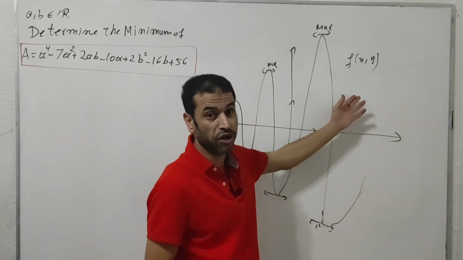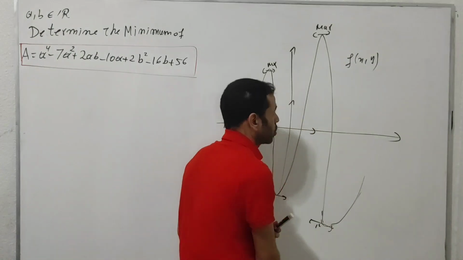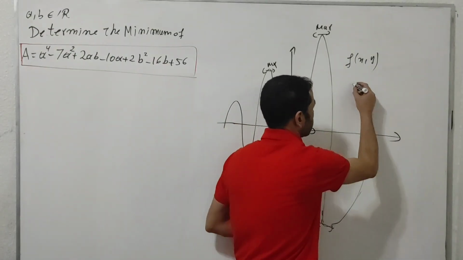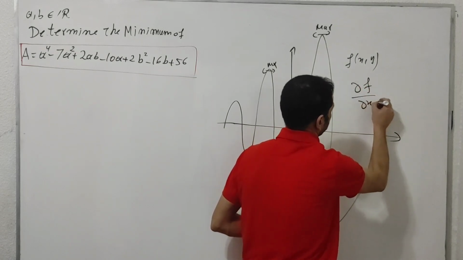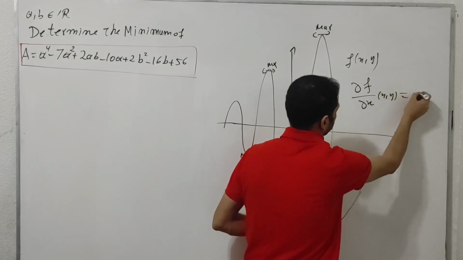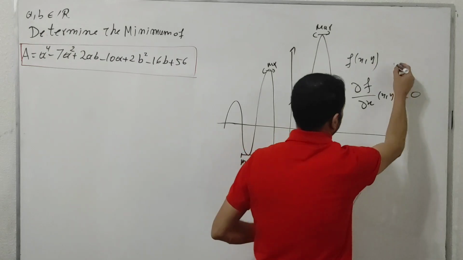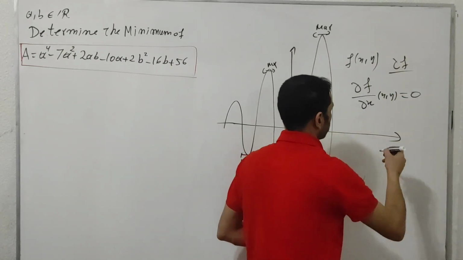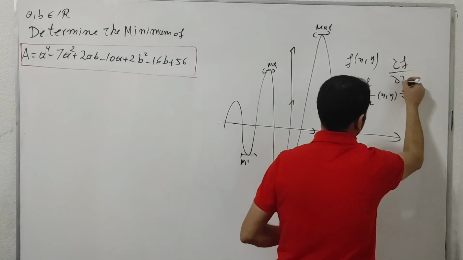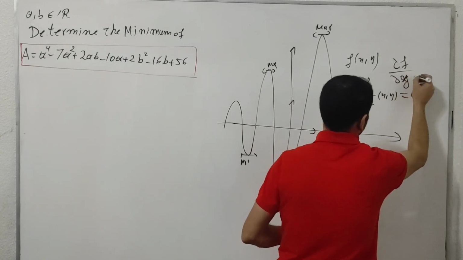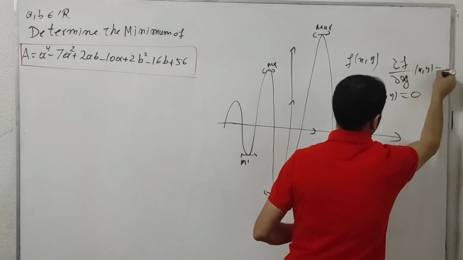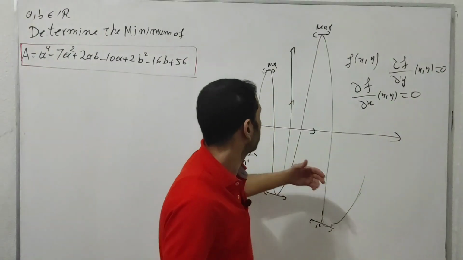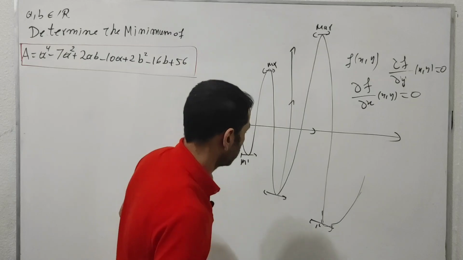In order to find the critical points for this function, we are going to set the partial derivative with respect to x equal to 0, and the partial derivative with respect to y equal to 0. That's what I'm trying to do now. I'm going to go this way in order to find the minimum value. Okay, let's go ahead and do that.